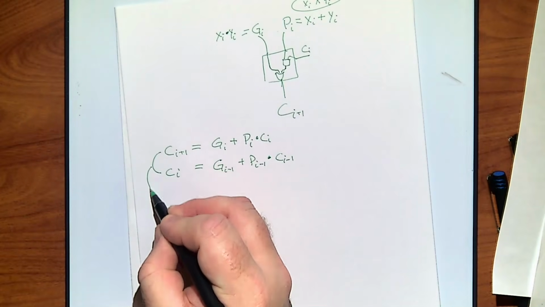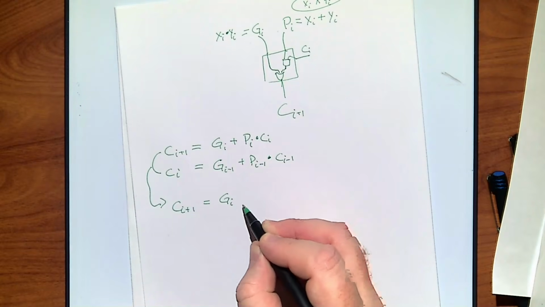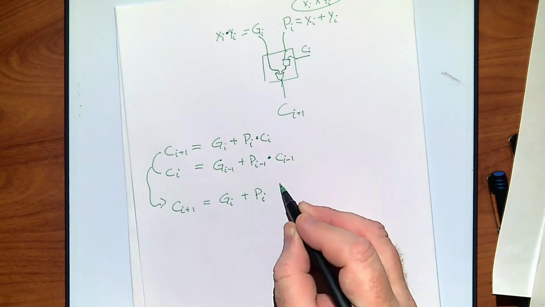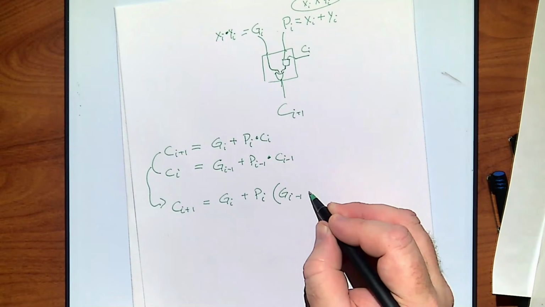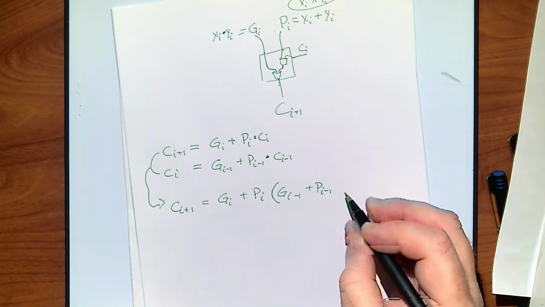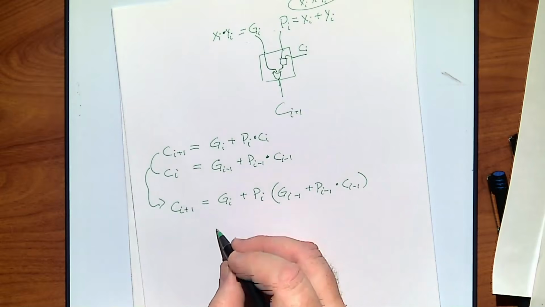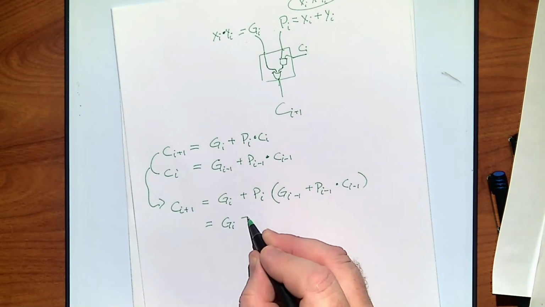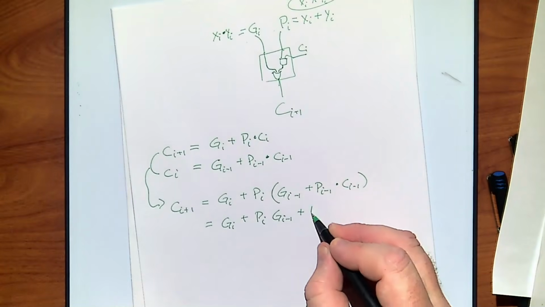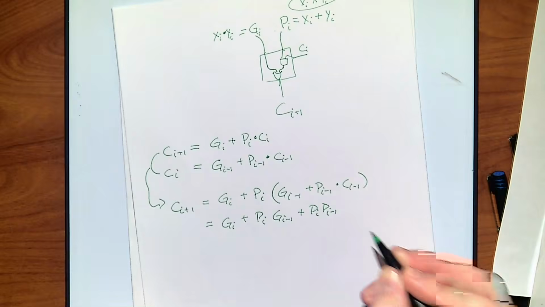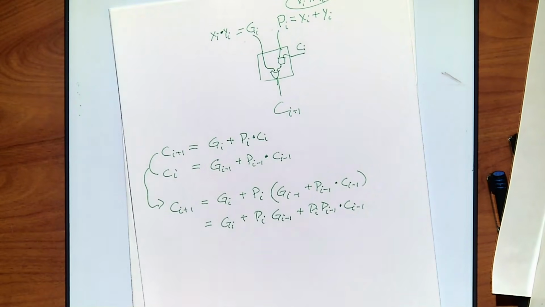I can use these two together to say C from I plus 1 is equal to generate from I, or propagate from I and CI, and CI was this: generate I minus 1 or propagate I minus 1 and CI minus 1. Expand: generate from I, or propagate I and generate from I minus 1, or propagate from I minus 1 and C I minus 1. Do we agree?